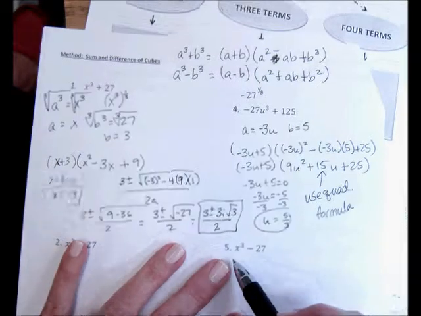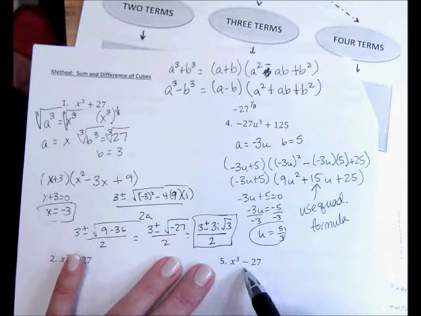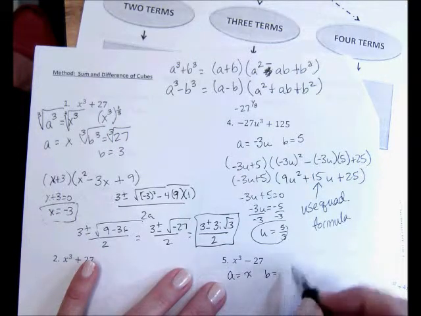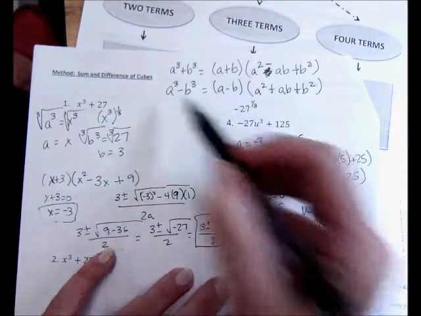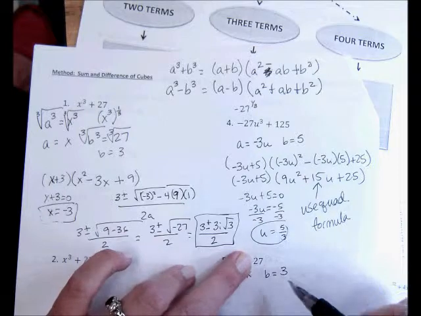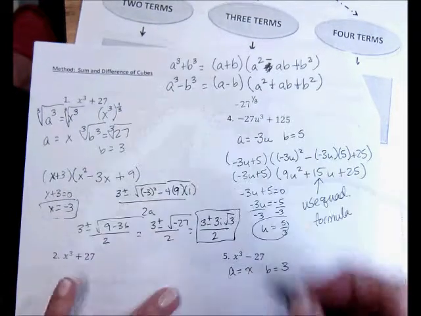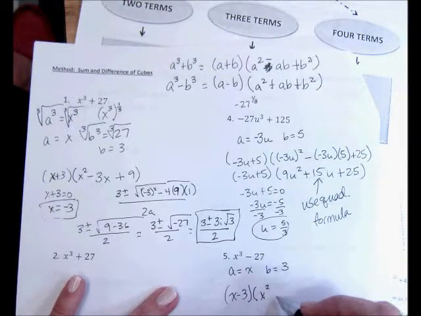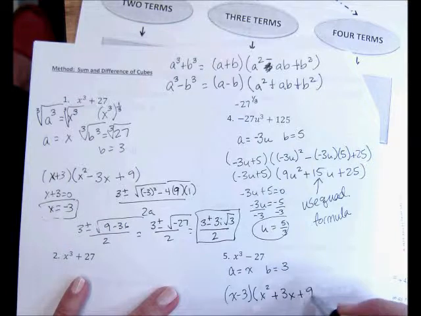Then moving on down to this one, this is the difference of perfect cubes, and in this case a is x and b is 3, because it's the difference, so I just look at 3 times 3 times 3 is 27. So I have x minus 3, and then I have x squared plus 3x plus 9.